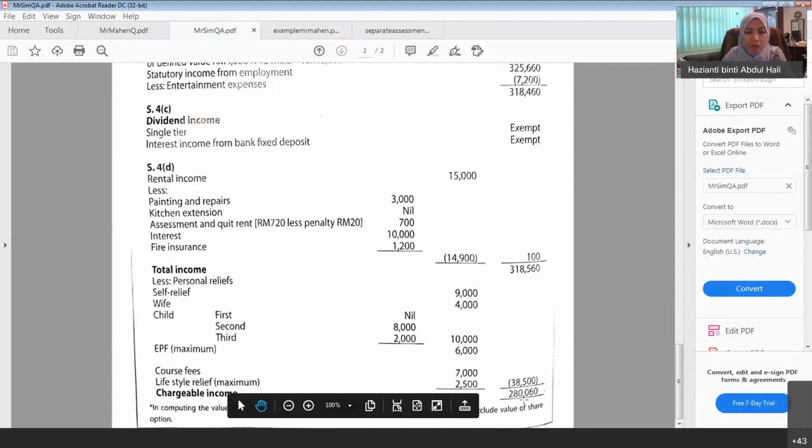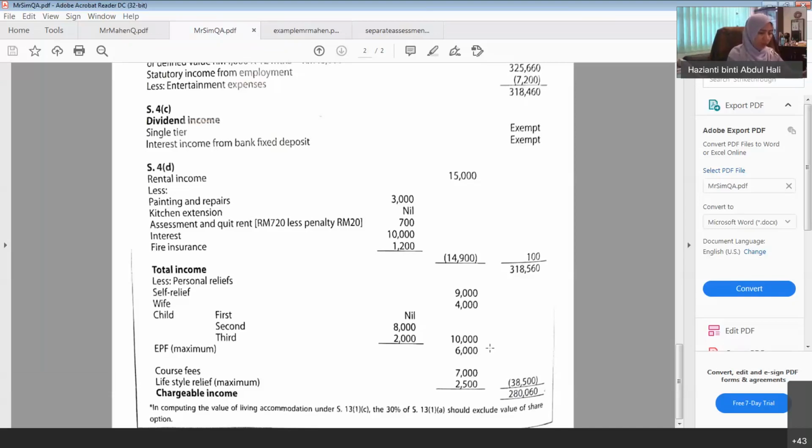So can you continue and calculate the tax payable for Mr. Sim? Can you? Check the schedule of tax rates from just now. Now his chargeable income is 280,060. Since you are already doing it, calculate until the end of the tax. Right, anyone?